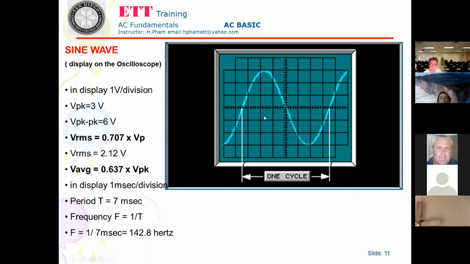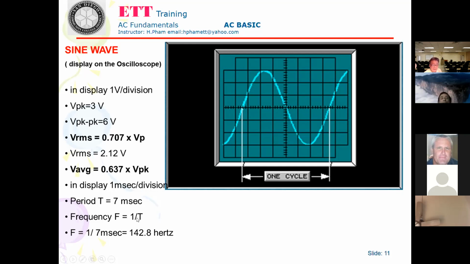So you can say 1, 2, 3, 4, 5, 6. So you get 50% here, 50% here. That means the total will be 7 divisions. And each division you set for 1 millisecond. So the period will be 7 milliseconds.